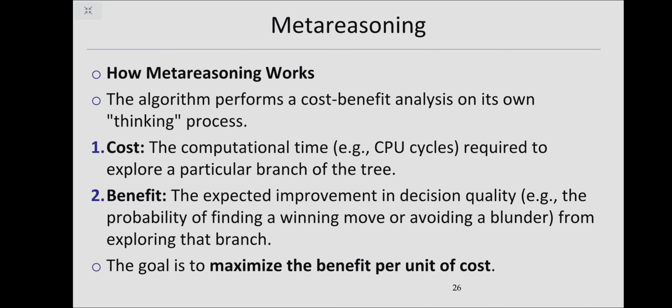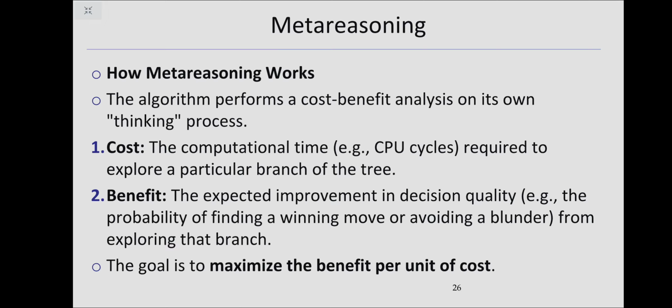In these cases, you need to define the benefit and cost for your action. The cost is dependent on, for example, the CPU cycle. The CPU cycle for expanding a particular branch of the tree is defined as the cost of any action. And the benefit is dependent on the amount of improvement in the decision quality.